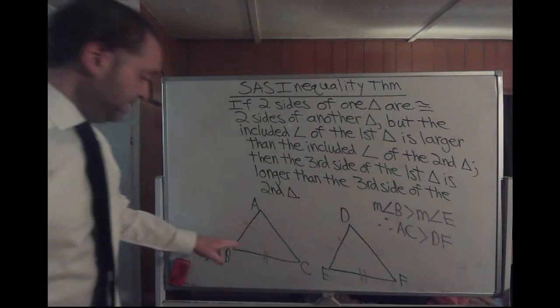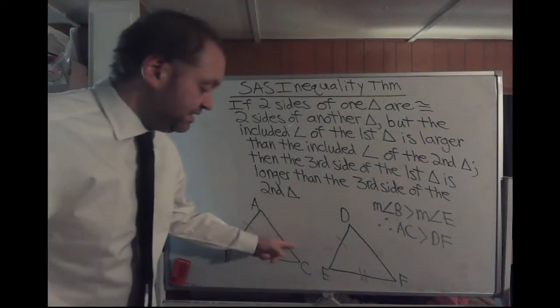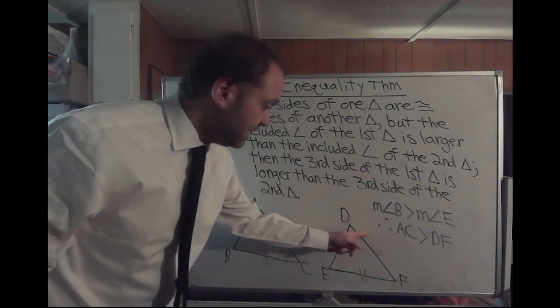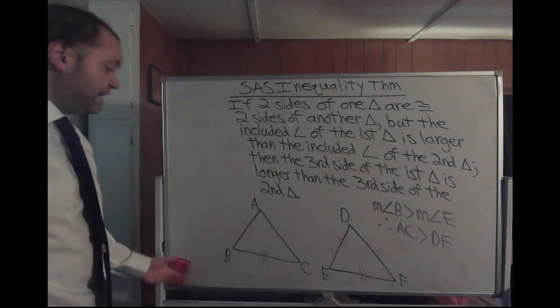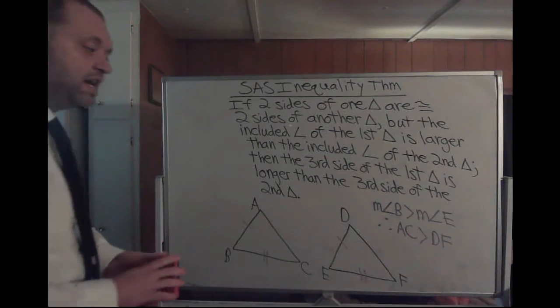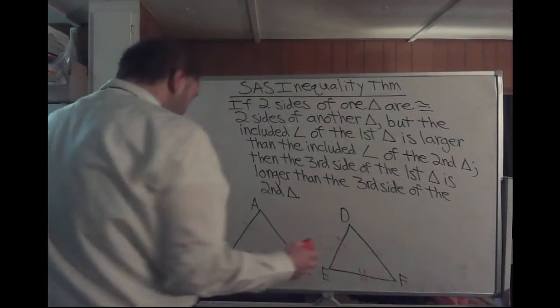Since angle B is greater than angle E, that means the length of side AC would be greater than the length of DF. And then I got one more theorem that's kind of the converse of this, but it's got a different name.